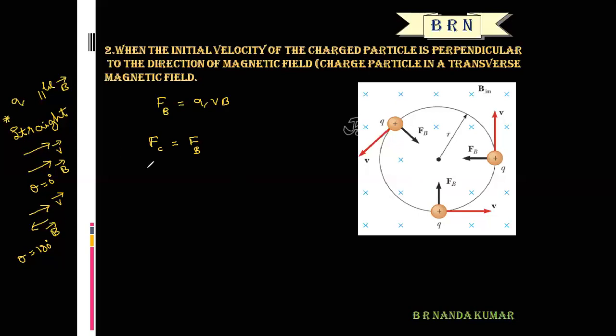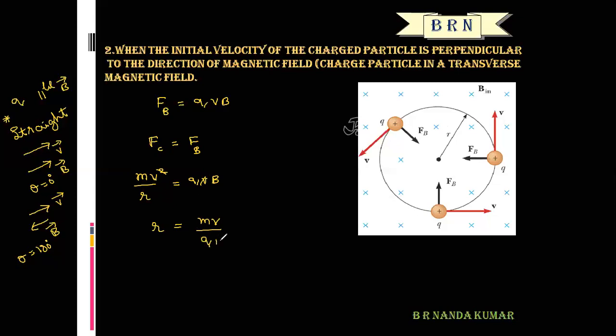What is the mathematical expression for centripetal force? That is mv squared divided by r, and that is equal to F_B, that is qvB. So one v gets cancelled. The radius of this circular orbit is r equal to mv divided by qB.